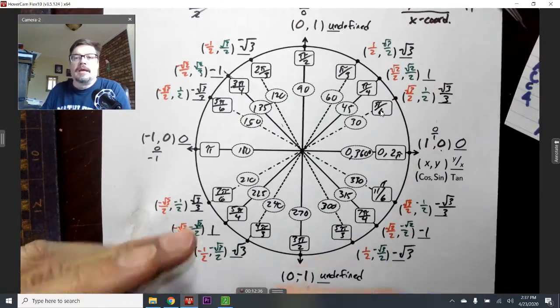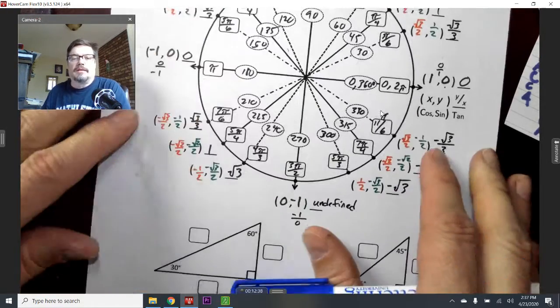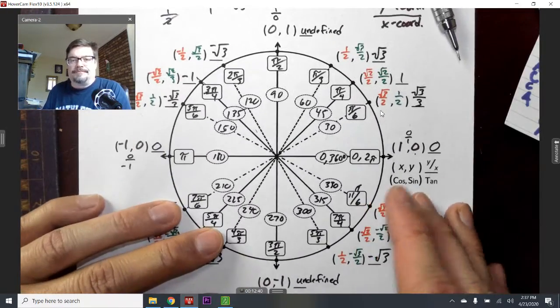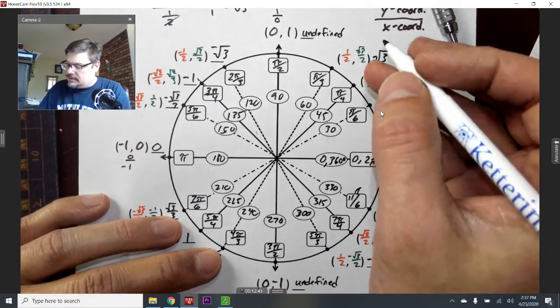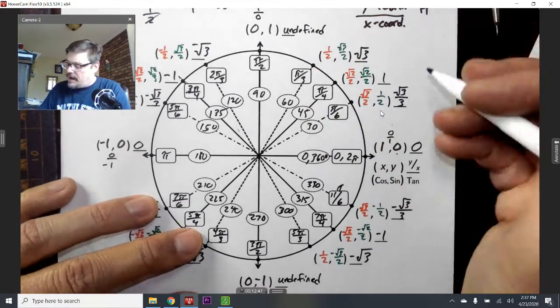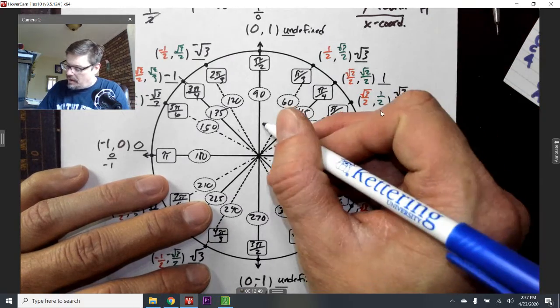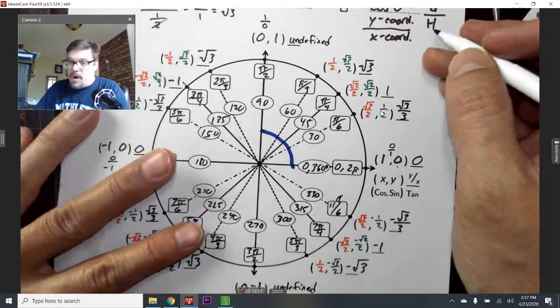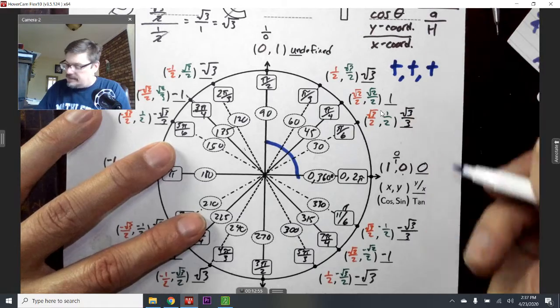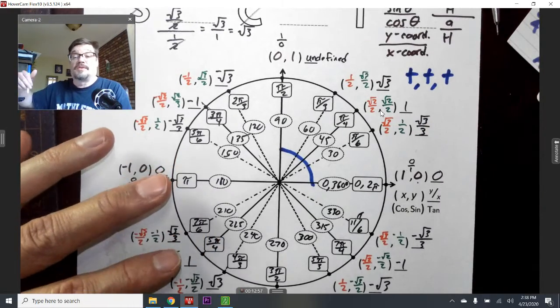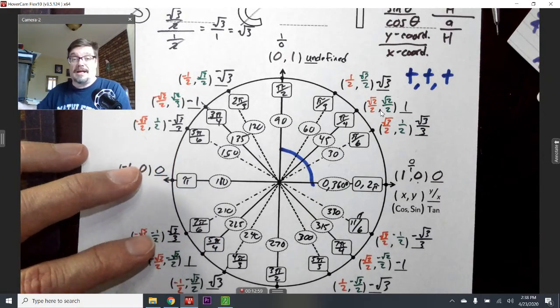Okay, so that's that. The only thing I could point out is that we can draw a little graph here. Here's quadrant 1. Quadrant 1 basically is positive, positive, positive. Cosine, sine, and tangent are all positive.